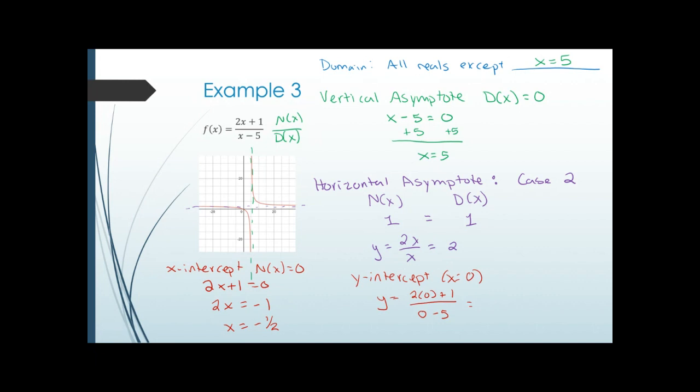So 2 times 0 is 0, so we have 1 on the top, and then 0 minus 5 is negative 5. So we have a y-intercept at negative 1/5, which you can kind of see on the graph, but you'd have to zoom in a lot to see it. So we do have x and y-intercepts in this example, unlike the previous 2 that we had.